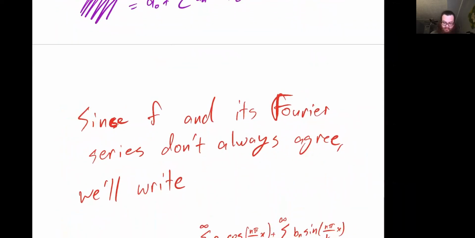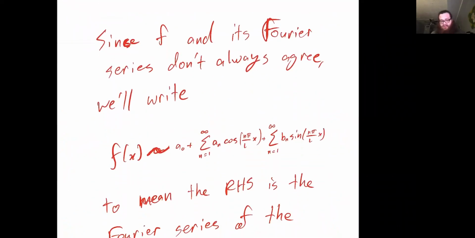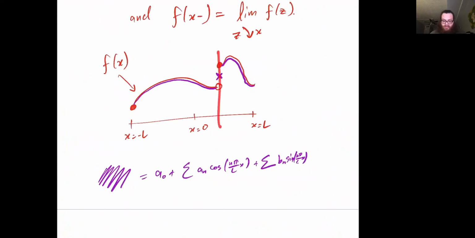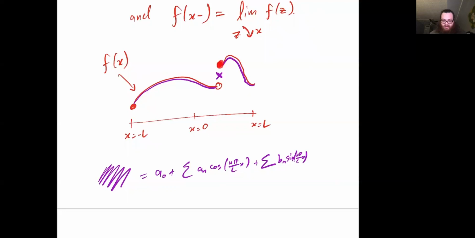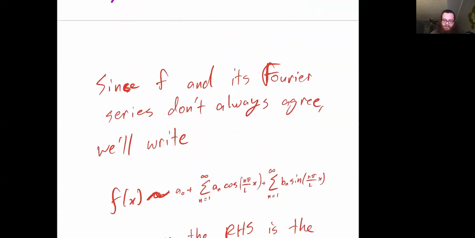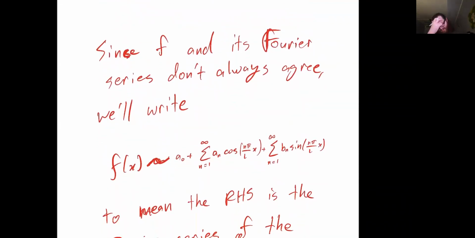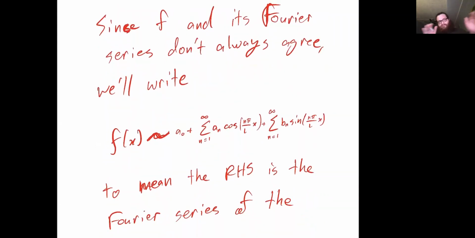Okay. Right, so the observation is, the function f and its Fourier series don't always agree. Up here, f takes this value, the Fourier series takes this value. And so since they don't always agree, we're going to introduce some notation to keep these two objects separate.